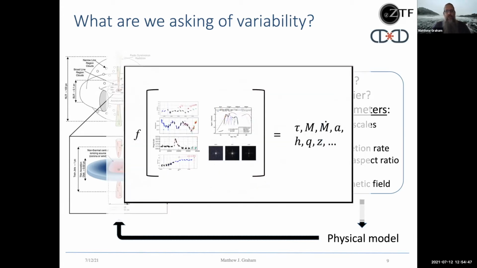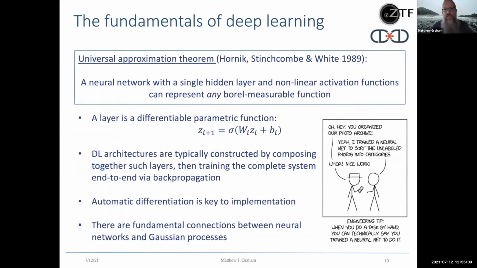But really what we want is to somehow map our input data, whether it's variability alone or variability plus SED information plus imaging, to be able to recover these parameters, to do the inference, to do the regression. And this formulation is actually the fundamental of deep learning.